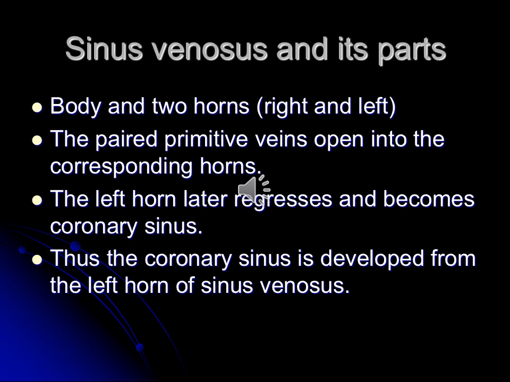You know the coronary sinus, the large vein of the heart itself, which drains the cardiac veins before it opens into the right atrium. So, question: how does the coronary sinus of the heart develop? Your answer shall be: the left horn of the sinus venosus, after regression, becomes the coronary sinus in adults.